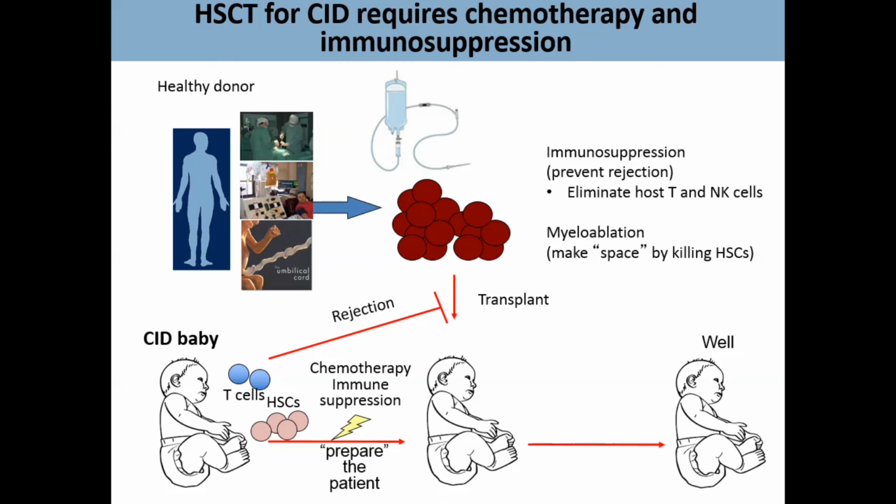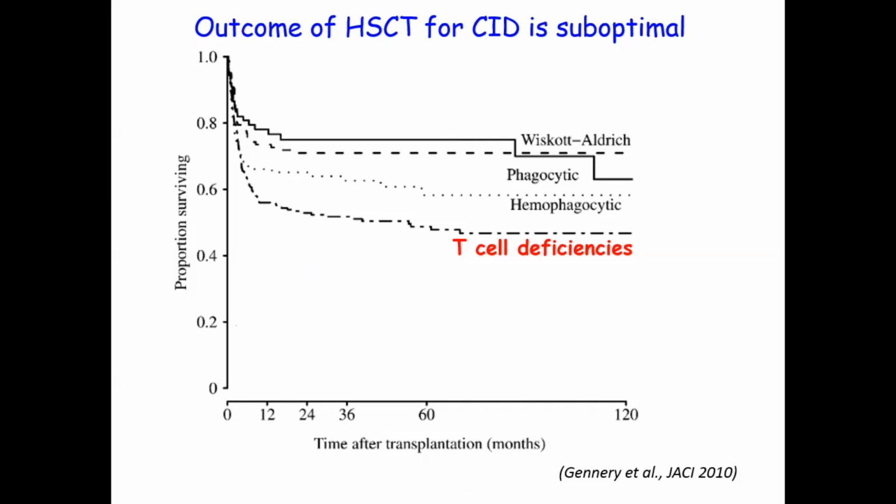How much chemotherapy is needed remains an open question. It depends very much on the type of combined immunodeficiency and on the clinical status of the patient, but the use of chemotherapy and immunosuppression is a major distinction between combined immunodeficiencies and severe combined immunodeficiencies.